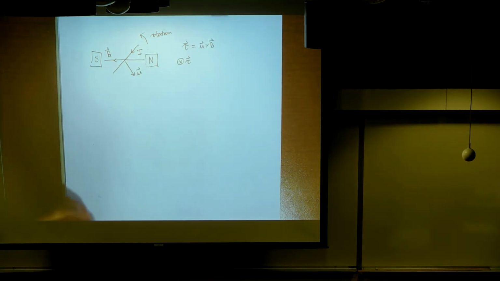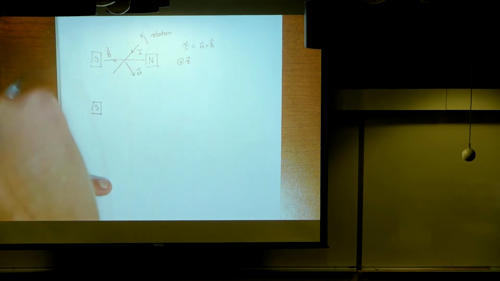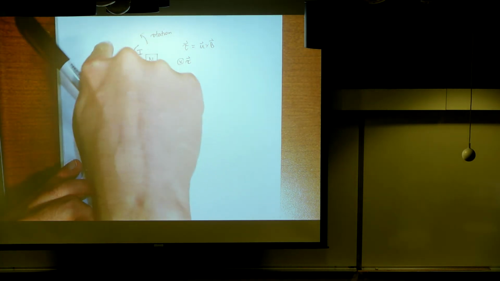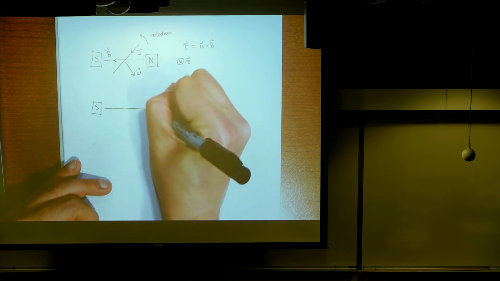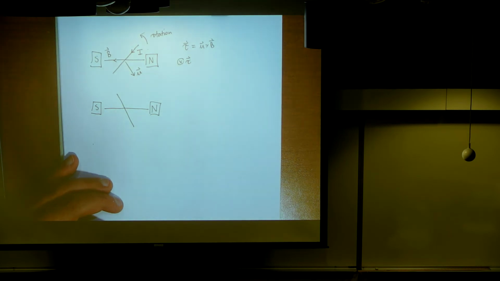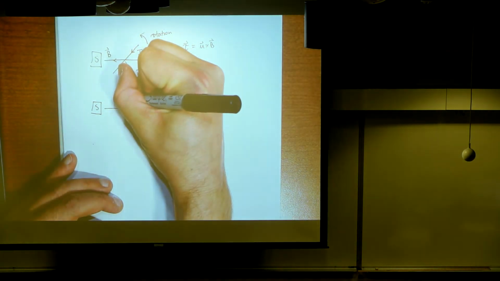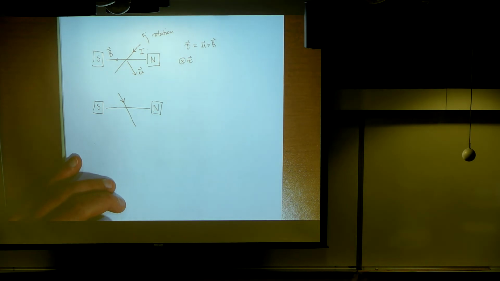Now, since we're imagining the coil passes through this vertical position, now it's going like that. And let's say we have not yet changed the direction of the current, so our current is still going the same way as before.